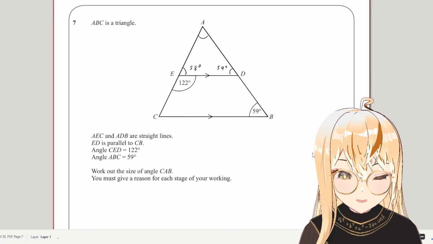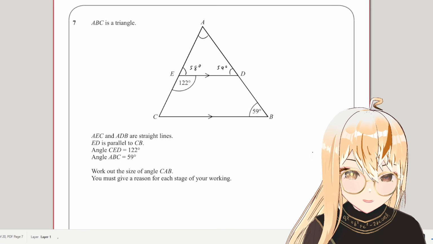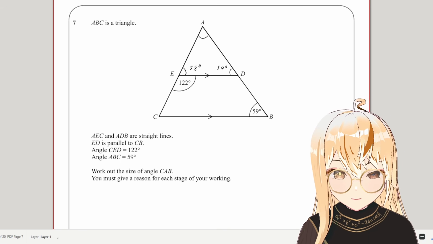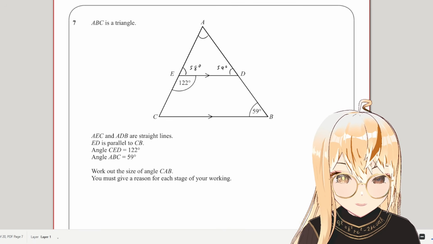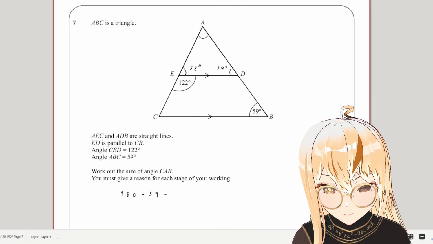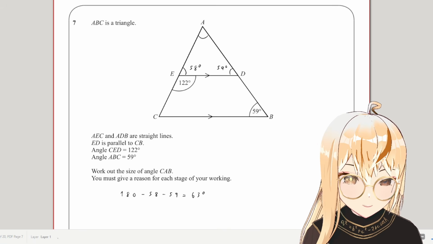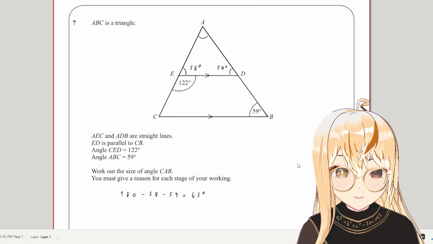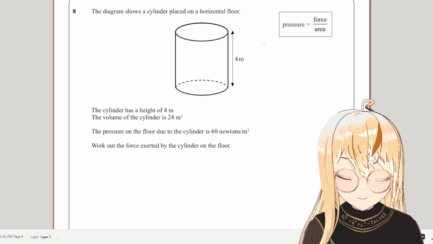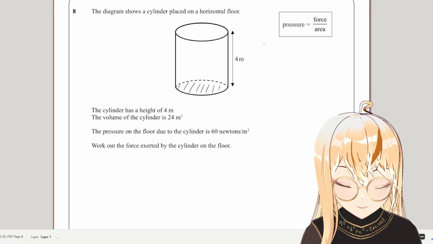So now CAB is equal to 180 minus 58 minus 59, because angles in a triangle add up to 180 degrees. Which is 63 degrees.